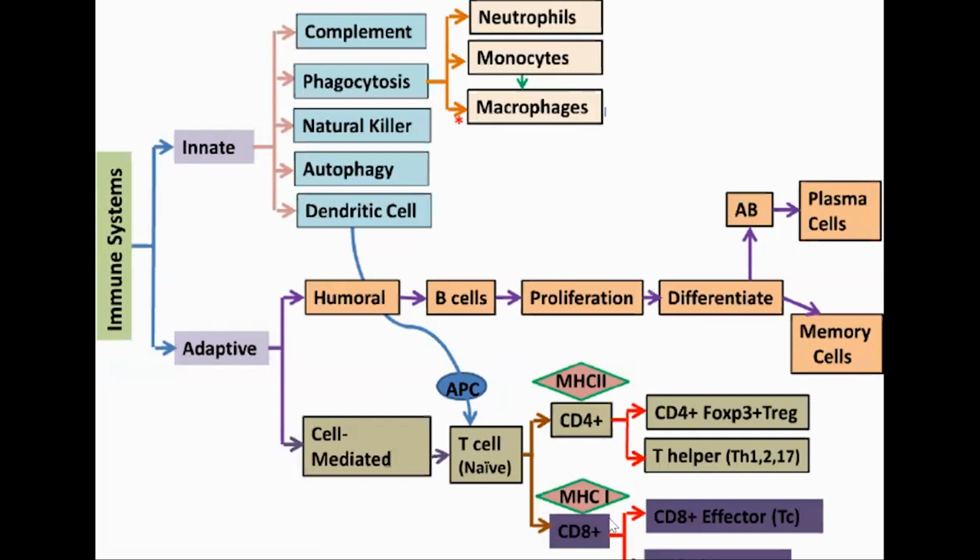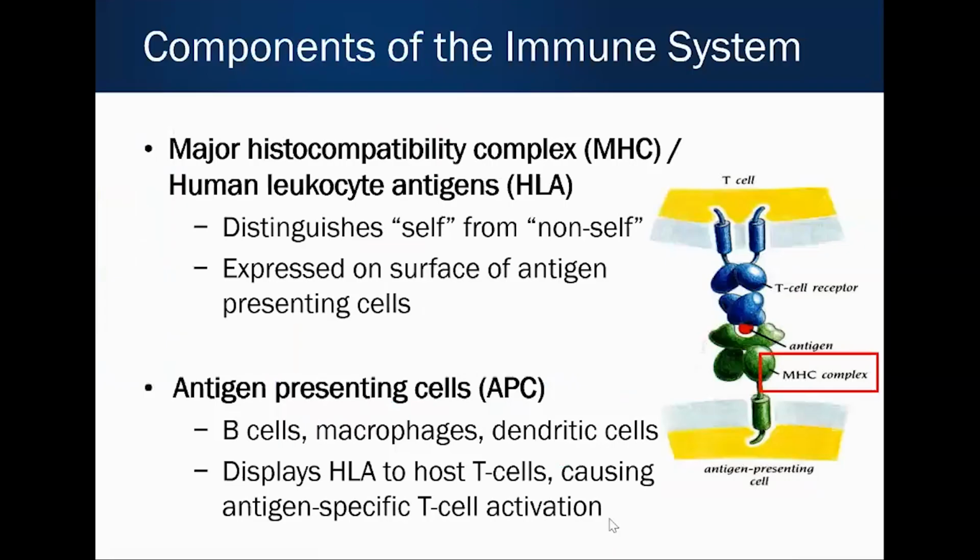And then there's cellular mediated rejection. And this is really driven by T cells. So the T cell response is one of the things that we target with our maintenance immunosuppression, induction immunosuppression, and our rejection therapy. So when we look at the components of the immune system, the major histocompatibility complex, or MHC, is what helps us distinguish self from non-self.